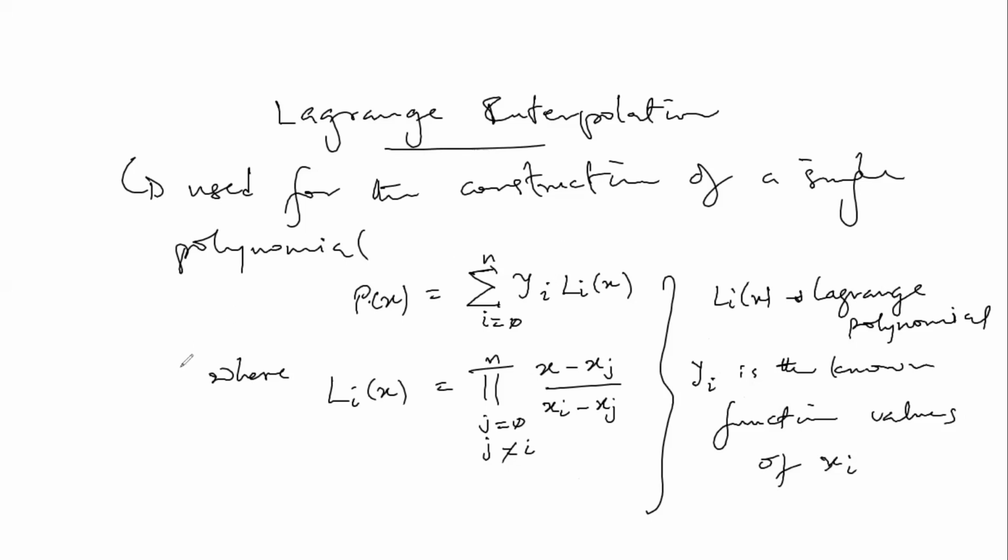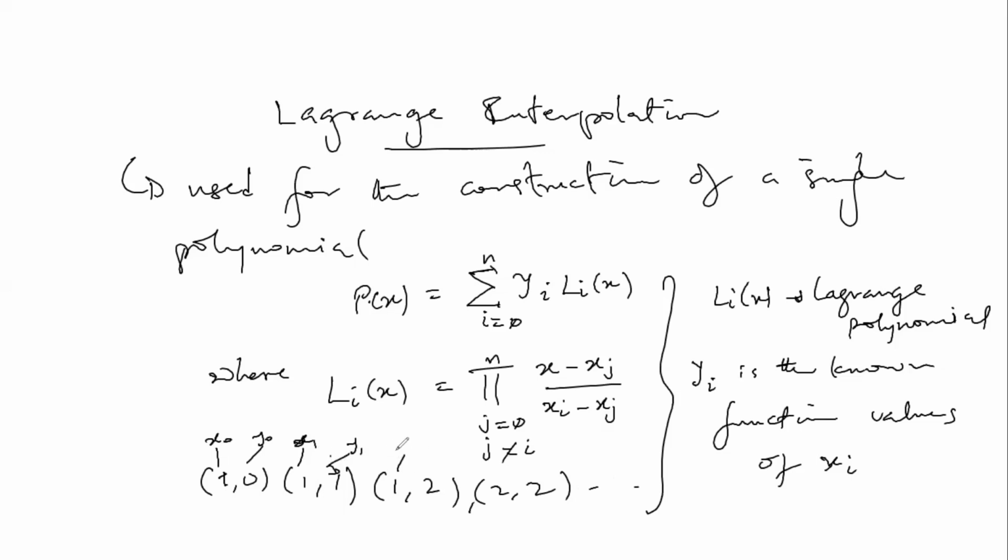So for every point, say 1, 0, for instance, 1, 1, 1, 2, 2, 2, and so on, we say that this is x naught, this is y naught, this is x1, this point is y1, then this is x2, this is y2, this is x3, this is y3, on and on.